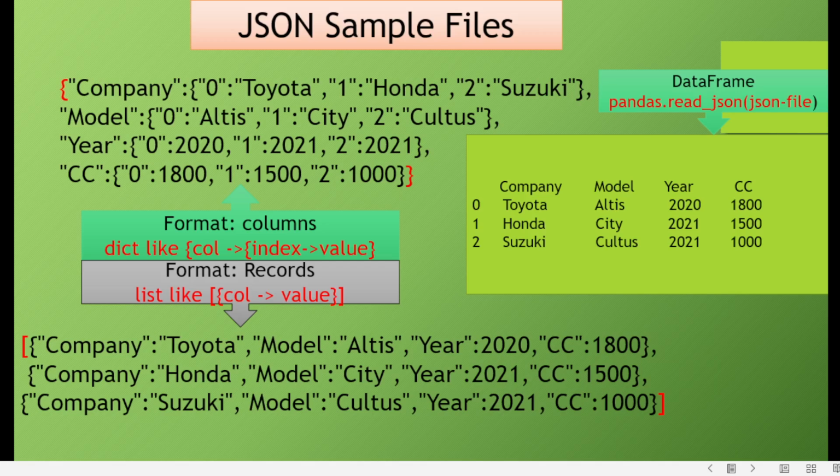Company, Toyota, then again a column, model, and so on. The columns and values are pairs enclosed in square brackets. So in this way we can read different JSON files.